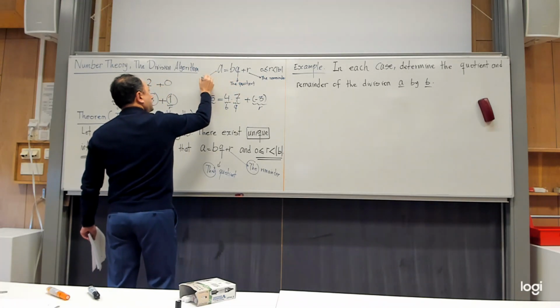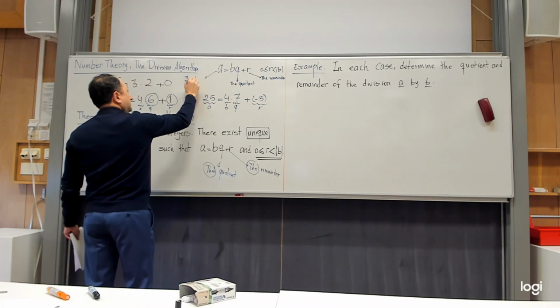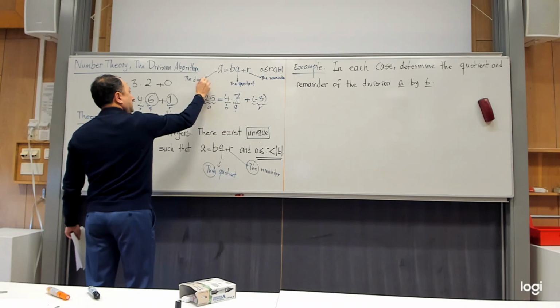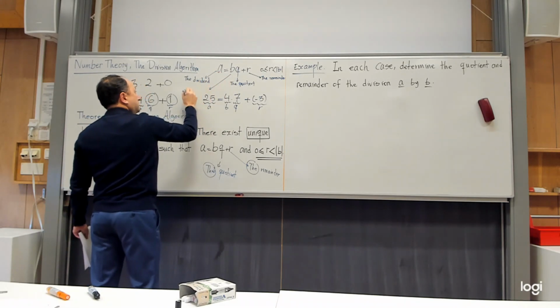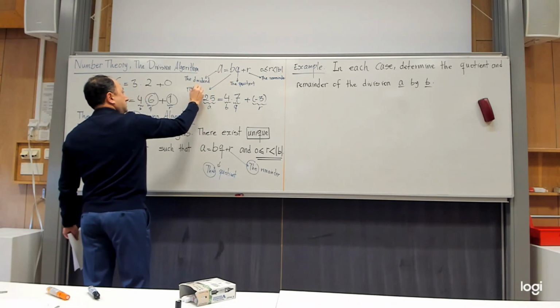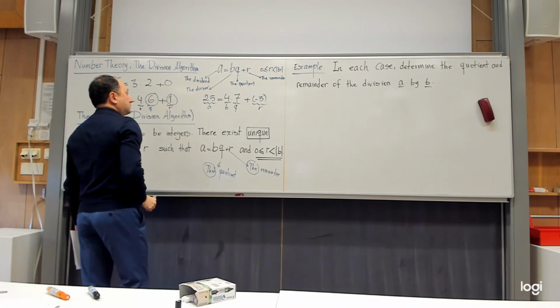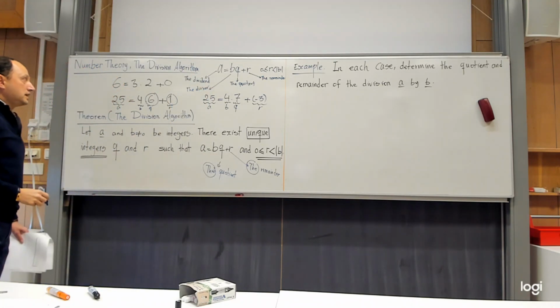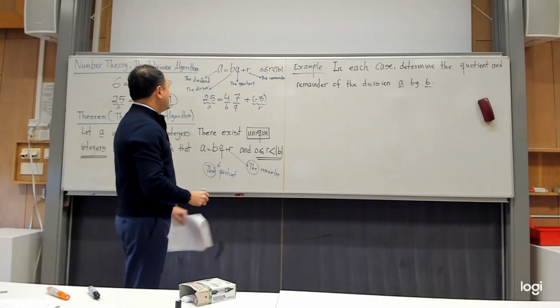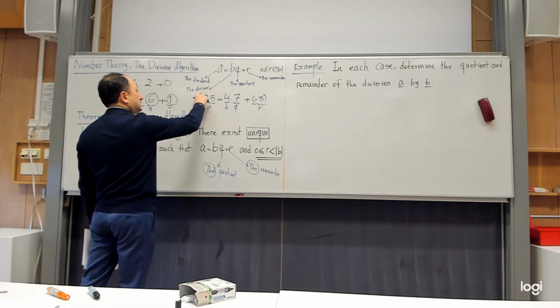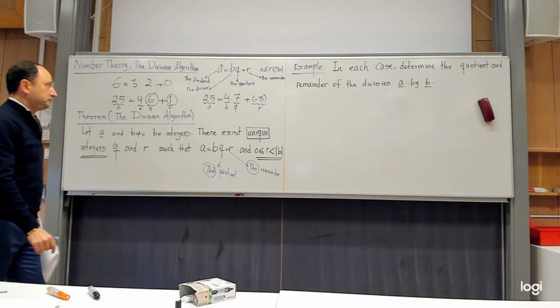This one is called the dividend. And this one is called the divisor. It's good to know these names, especially the quotient and the remainder. So A is called the dividend and B is called the divisor.